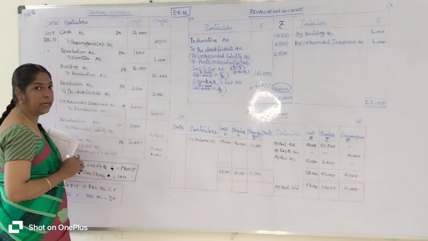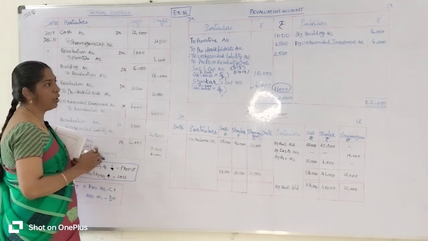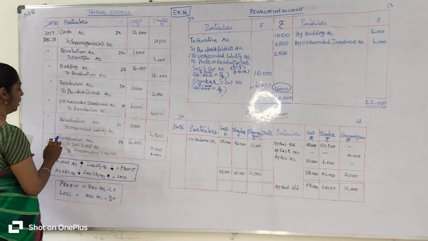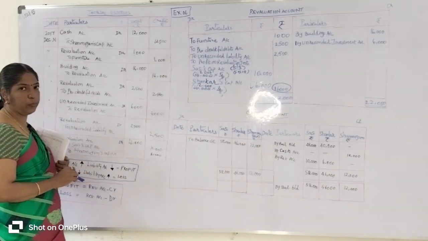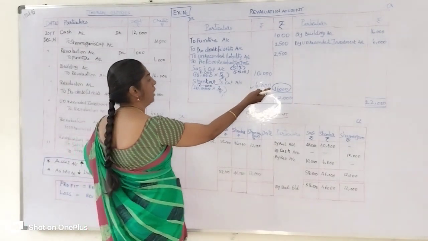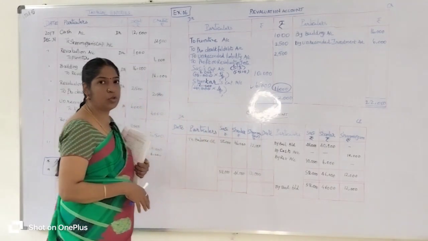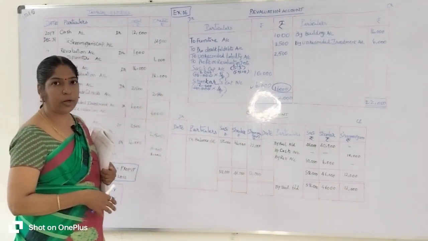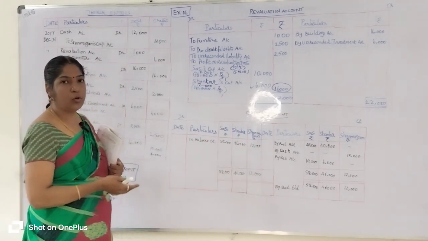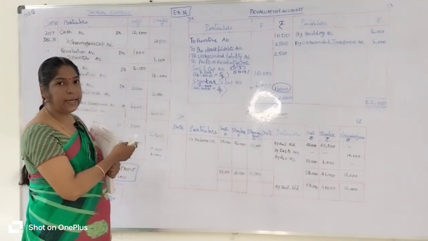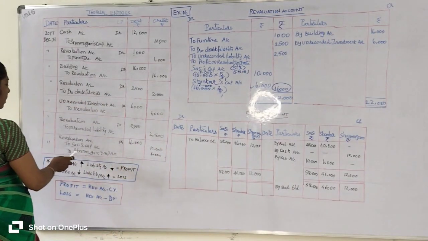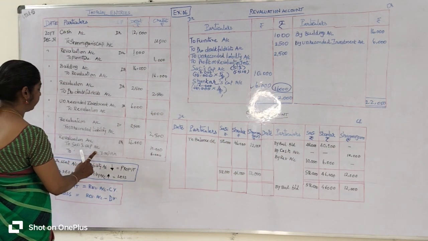Revaluation account is to be debited. Why? Because the revaluation account balance is on debit side, so you pass the journal entry: Revaluation account debit 16,000 rupees. What is the opposite account? To whom was that 16,000 rupees distributed? To the old partners. Who are they? Sasi and Shankar. So you are going to credit the capital accounts: Sasi's capital account and Shankar's capital account.